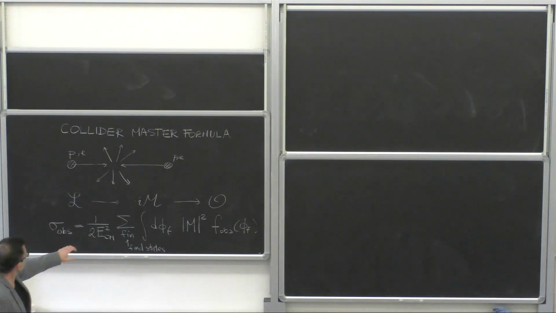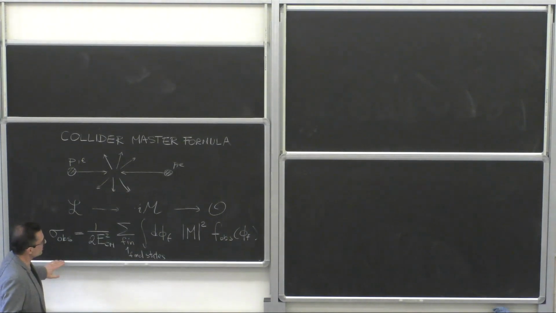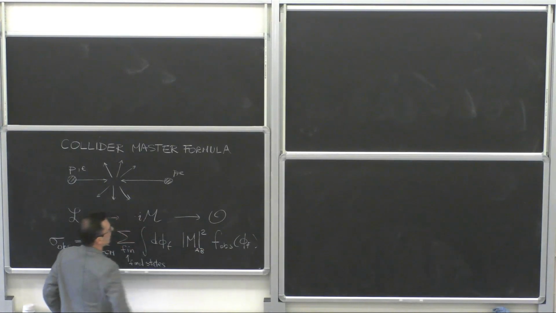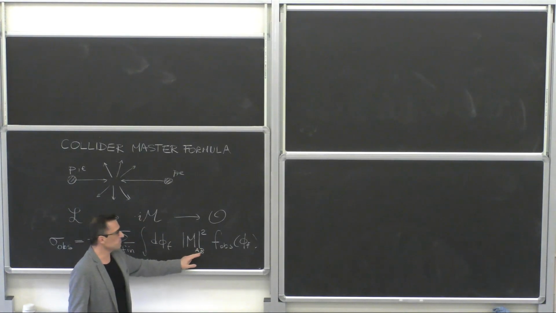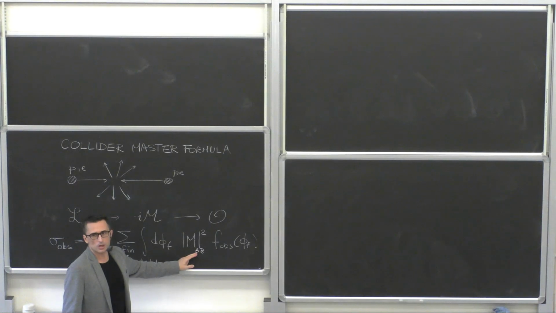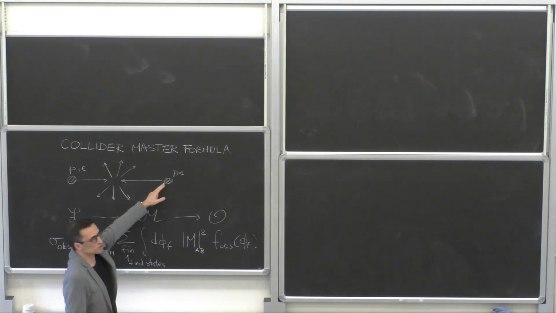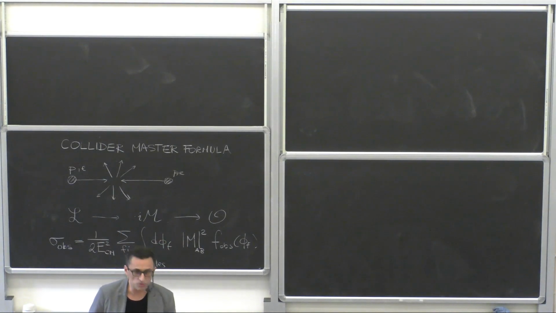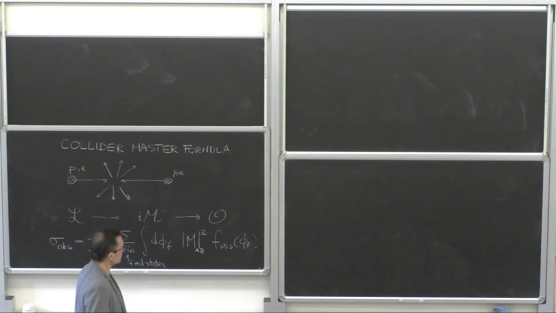Now, this is a simplified formula where I mentioned generically A and B as my initial state. I didn't go into the details of what I have to do, for example, with protons, where I have actually scattering partons. So let me prepare the ground.